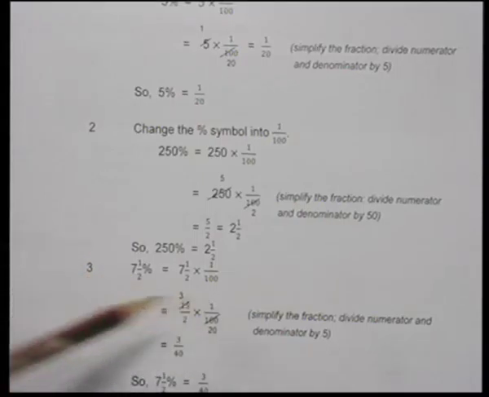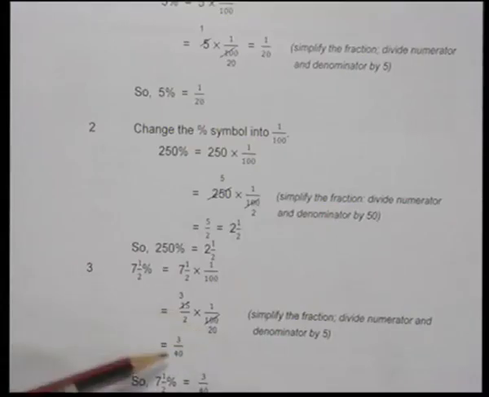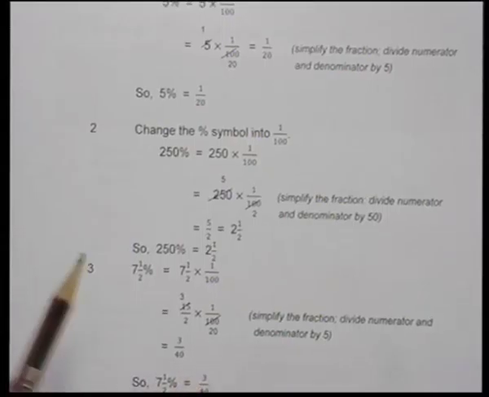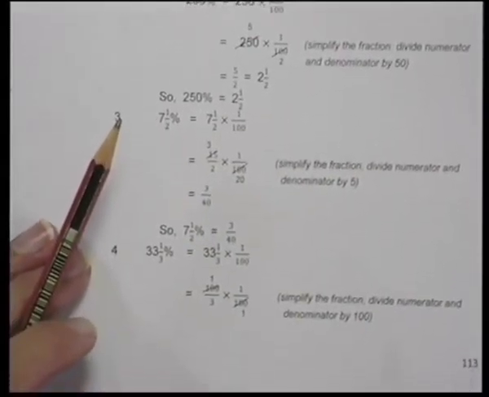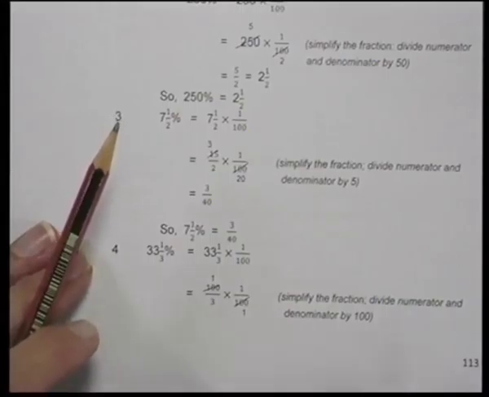And then 3 times 1 is 3, and 2 times 20 is 40. 7.5% is the same as 3 out of 40. So we can carry on doing that. So that is a percentage as a fraction. And then we always simplify.